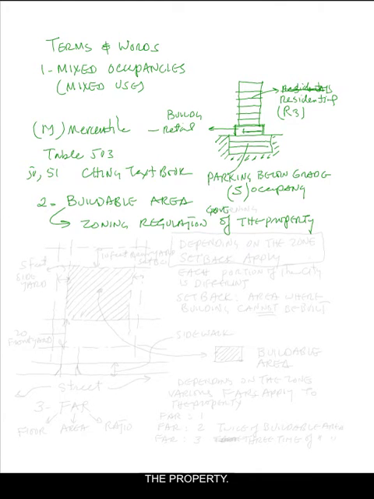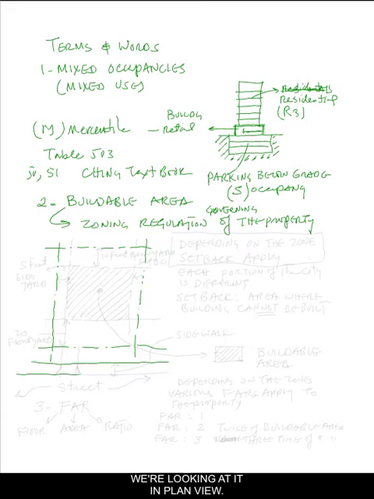For example, you have a property, and this is your property. This is the sidewalk, and this is your sidewalk. We're looking at it in plan view. And this is the street.